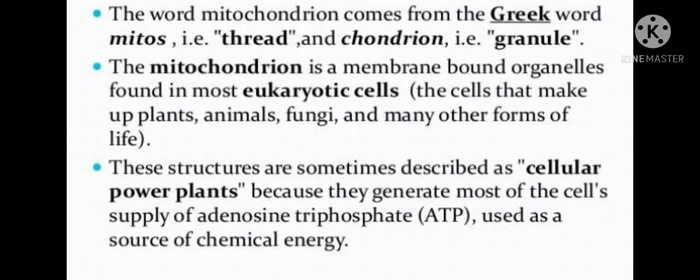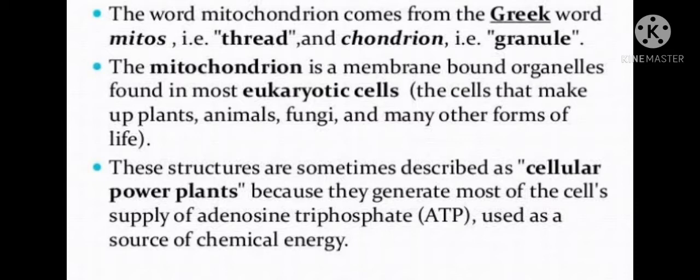These structures are sometimes described as the cellular power plants, because they generate most of the cell's supply of ATP molecules, adenosine triphosphate, used as a source of chemical energy.